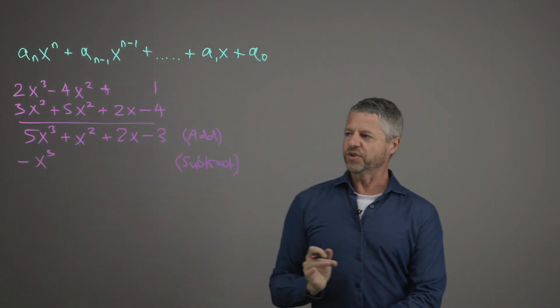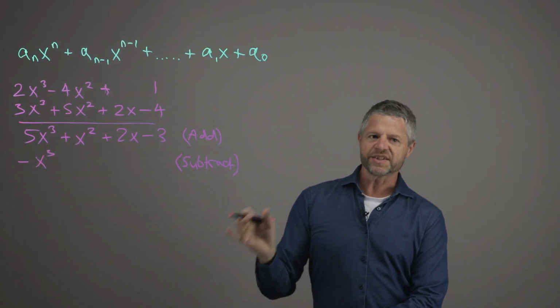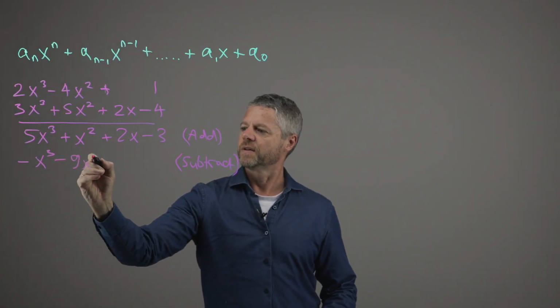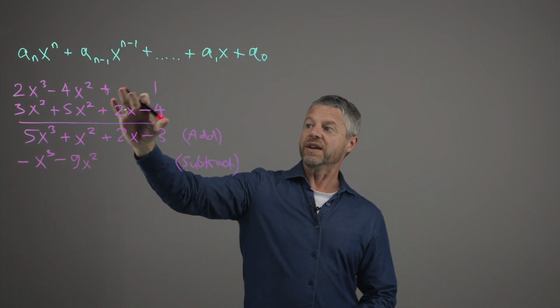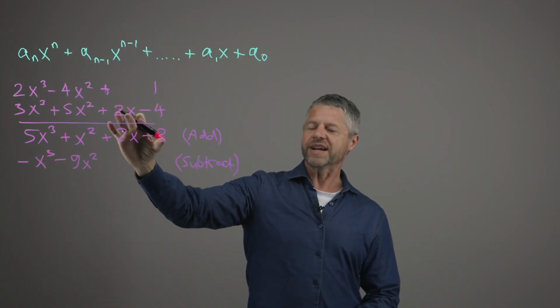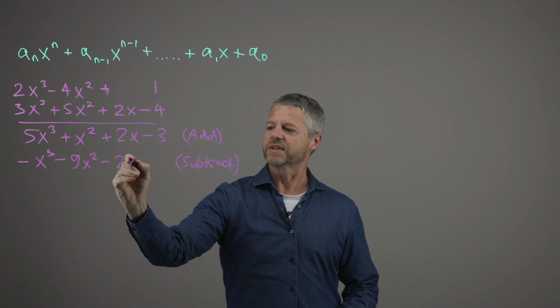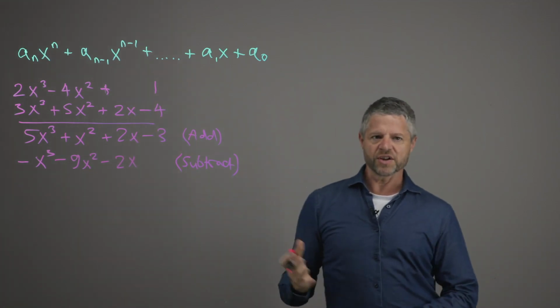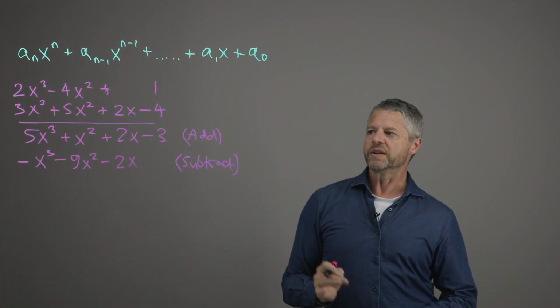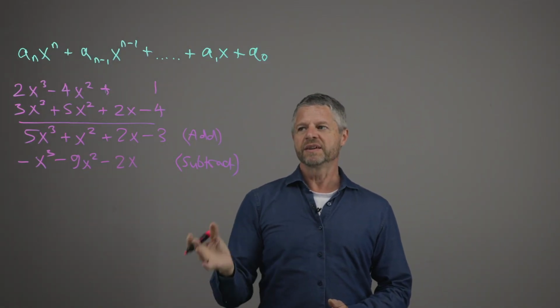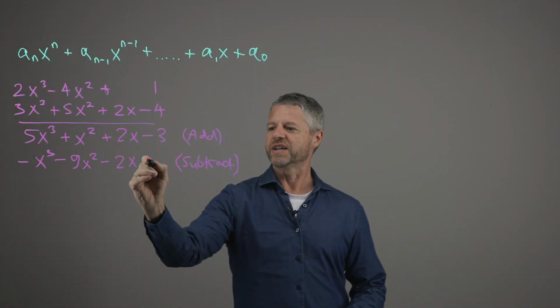And we've got minus 4 minus 5, so minus 9x squared. We don't have any x's, and we're subtracting 2x, so that will leave us with minus 2x. And then for the constant term, plus 1 minus 4. That's plus 1 plus 4, so plus 5.